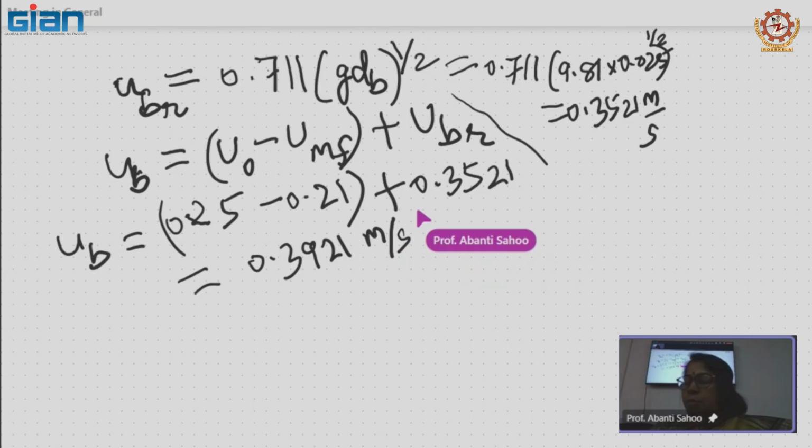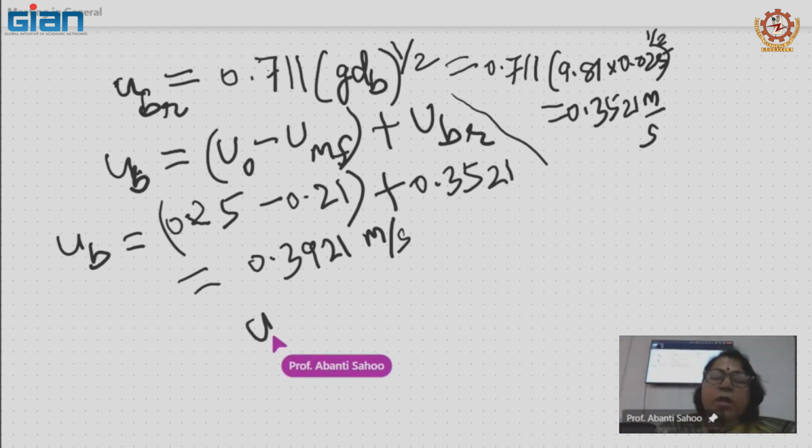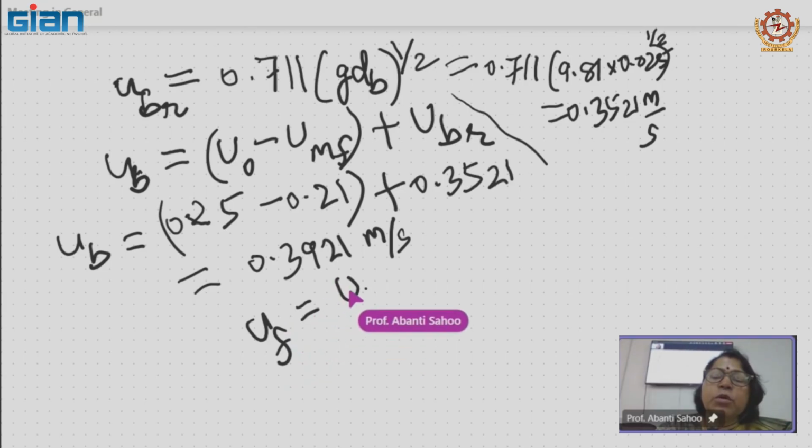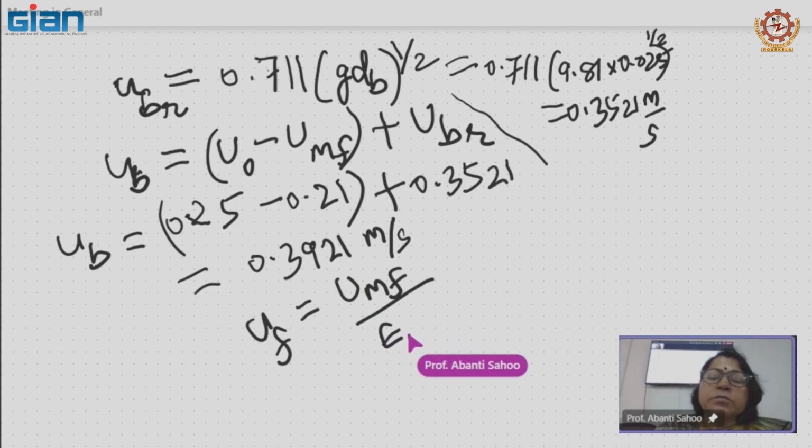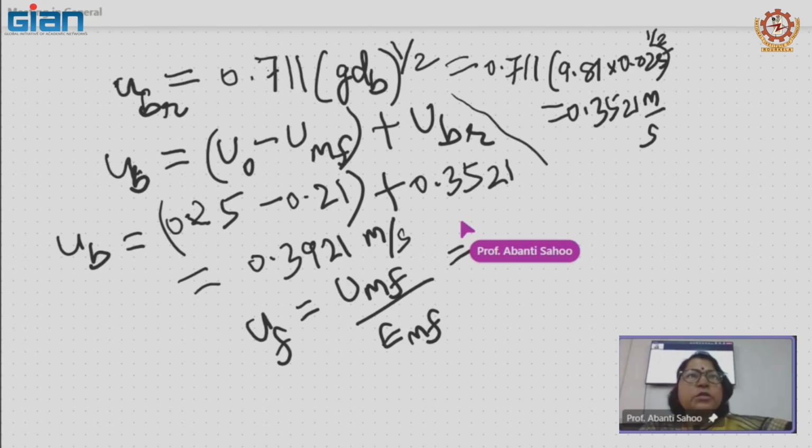So, we got the bubble velocity. Now, comparing the bubble and the emulsion velocities. Emulsion velocity UF we can calculate, which is UMF divided by epsilon MF, the fluidization velocity with which both solid and gas are moving; that is the emulsion velocity.